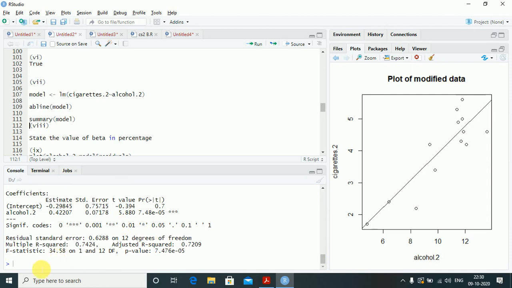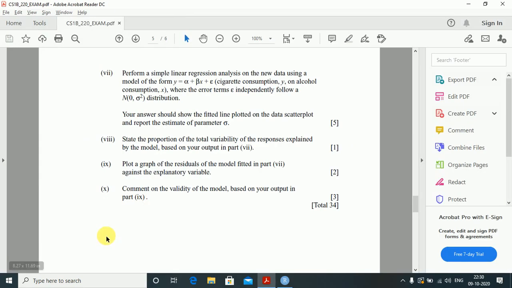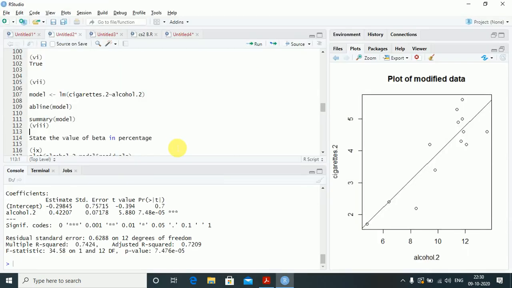If you see, the residual standard error is 0.6228, so this is my value of the sigma parameter. State the proportion of the total variability of responses explained by the model based on your output in part 7. So the total variability of responses explained by the model is given by the R-squared value, which you explain in percentage.